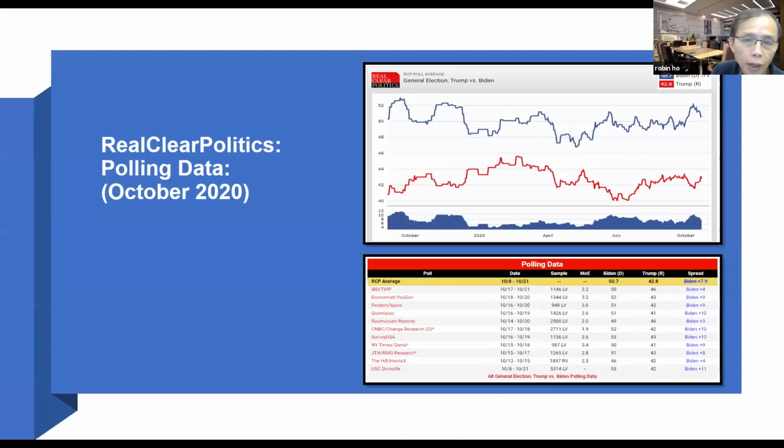If you have been reading the news, you will know that Biden is taking a big lead on the polls. The polling data is showing that Biden is taking a 9-point lead. Compared with previous election polls, a 9-point lead is a lot.